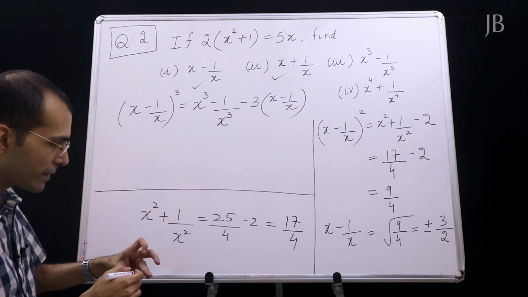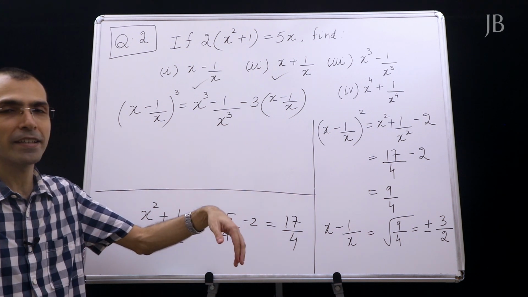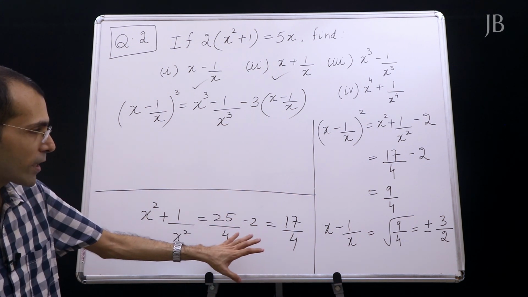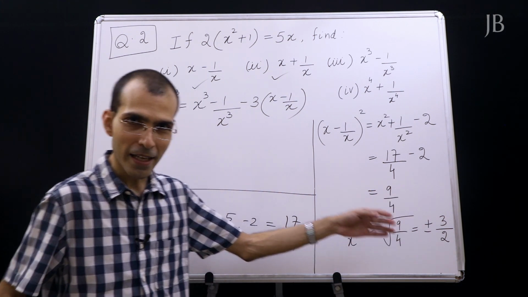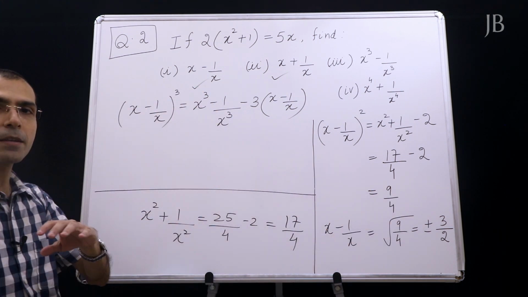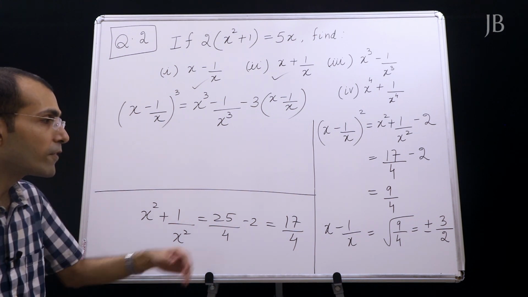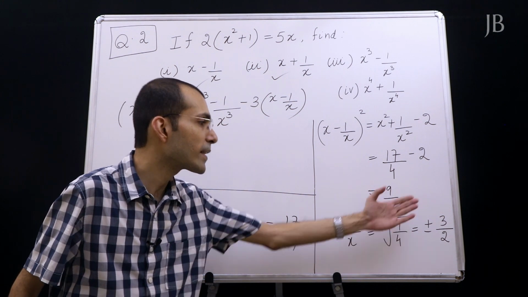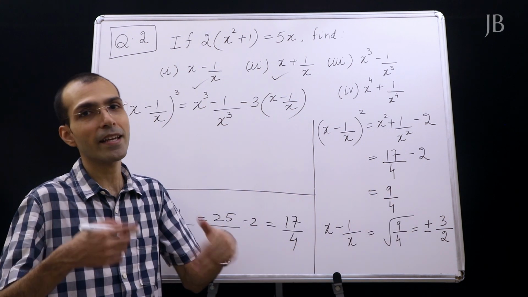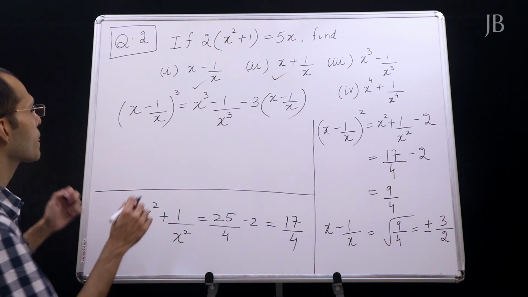Now what will happen is, you will have to show with both the possibilities in the exam. But now what I am doing is, I am considering x minus 1 upon x as 3 by 2 and showing you that you can repeat the same procedure with the other value, x minus 1 upon x as minus 3 by 2. Same procedure with the negative value that you will do on your own.